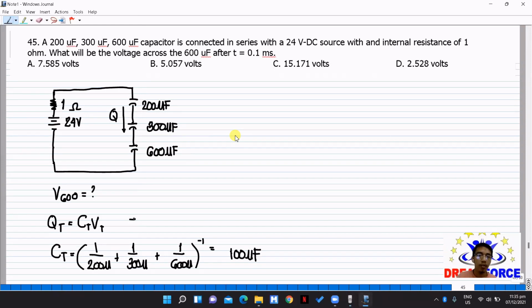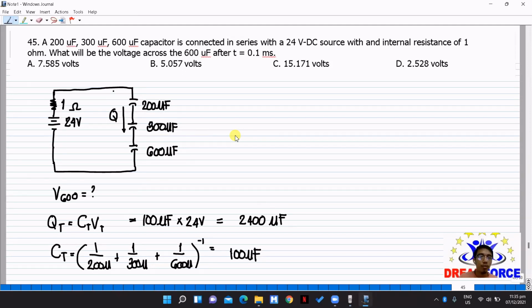So pwede ko nang kunan yung total charge natin, that is 100 microfarad times 24 volts, or that is equal to 2,400 microcoulomb.